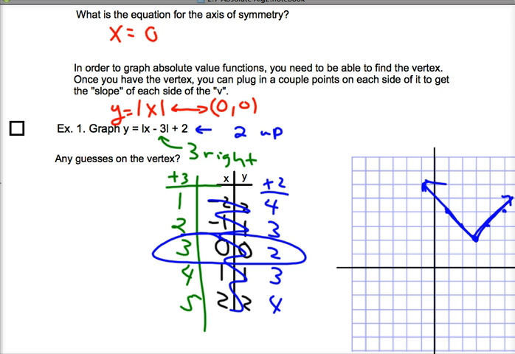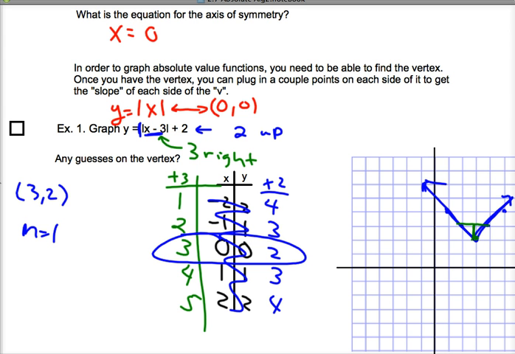Now really all you need to know is that the vertex is 3, 2, and that there's a slope. The slope's kind of in front of my absolute value right here. The slope would be 1. There's nothing there, so it's like having a slope of 1. So if you can identify the vertex being 3, 2 right here, and then just go up 1, 1 right, but then you also need to go up 1, 1 left, that gives you a point on each side. And that's another way to get the V rather than making a whole big list.